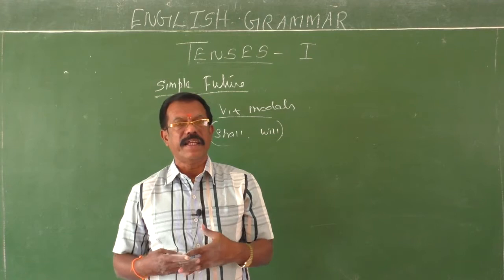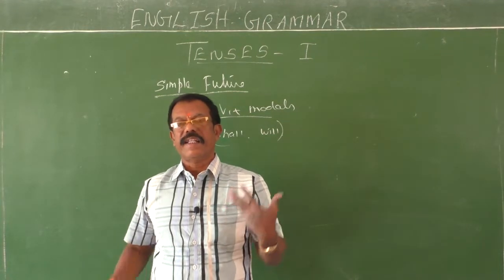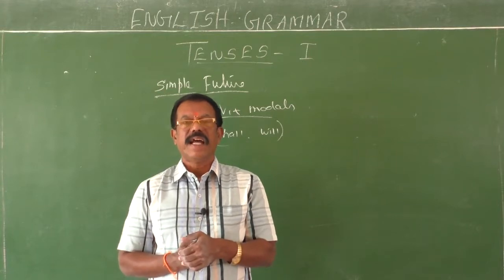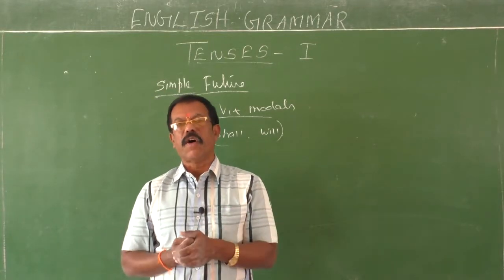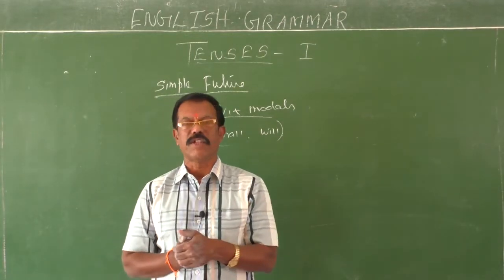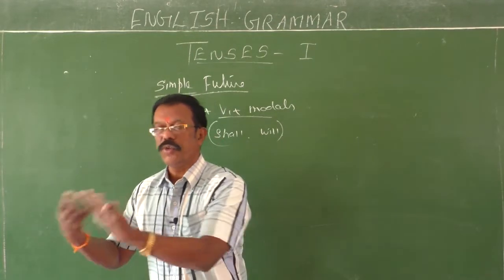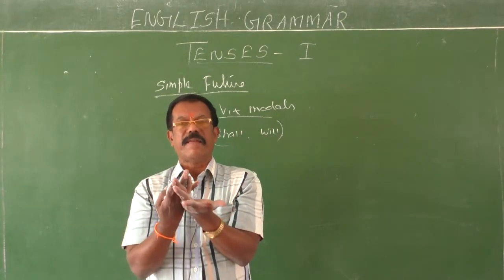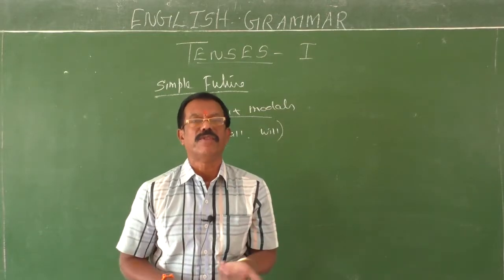On the day of Deepavali, I will wear new dress. On the day of Deepavali, I will have more snacks and sweets. On the day of Deepavali, I will invite all my friends. I will go to temple. You may have many programs in your mind, which is going to take place in the near future. So all the future plans can be expressed with the help of the simple future.